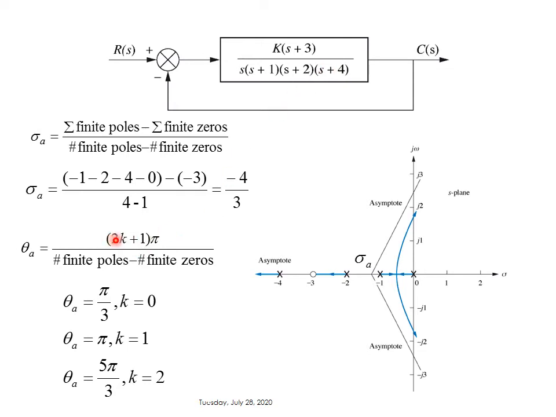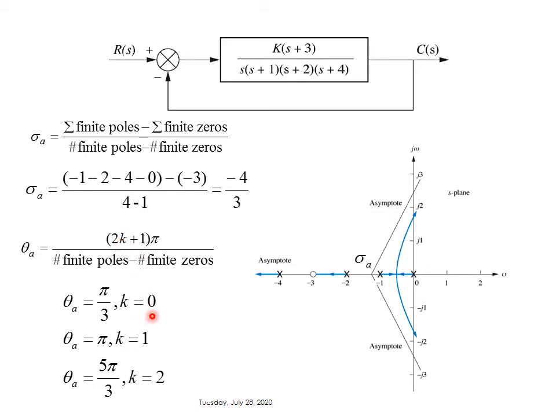Therefore k will have 3 values. It is an integer starting from 0: k equals 0, k equals 1, and k equals 2. So you calculate 3 values of theta A.